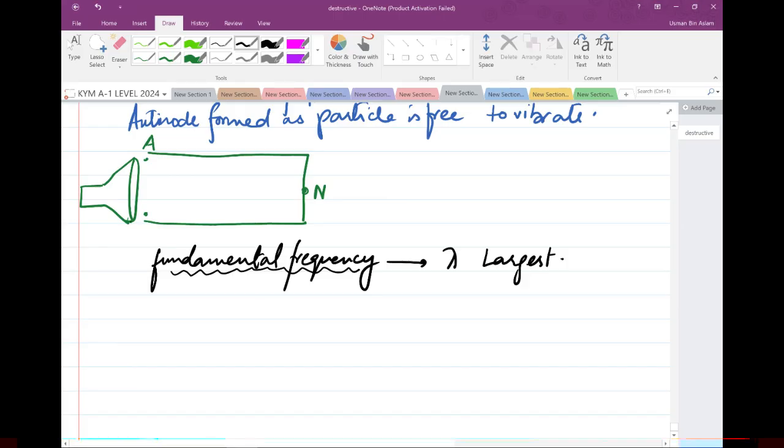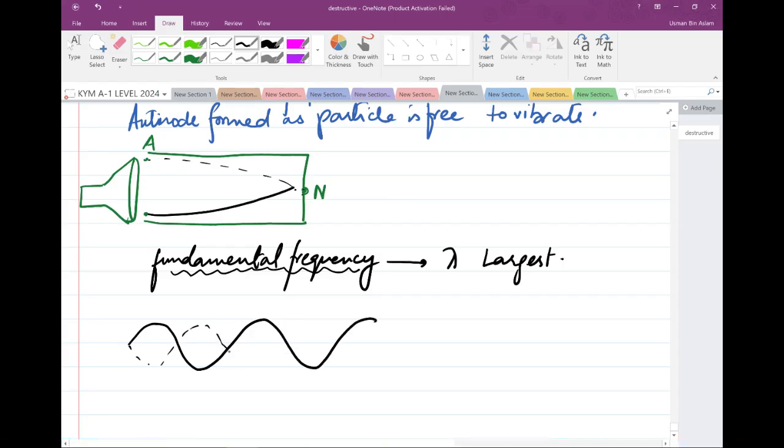So in this case, we can see an antinode and a node forming. So this is going to be the first stationary wave that this instrument can create. I would like to recall for you that whenever we represent a stationary wave, this is how we represent it. Okay. I have randomly drawn a little segment of a stationary wave.